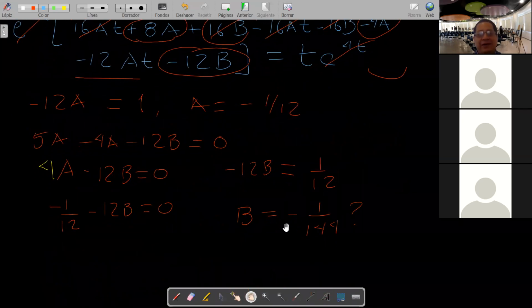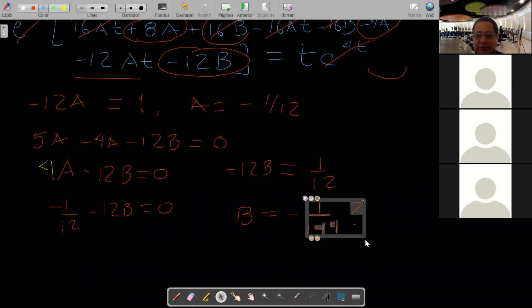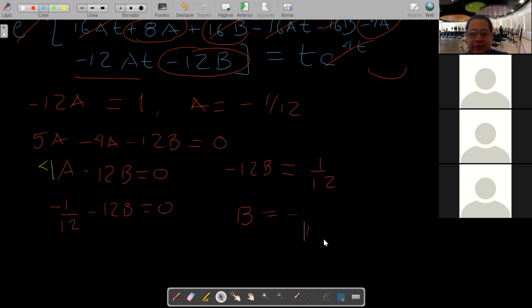So I'll write the value for B. It will be from this expression: we have 4 times 8, we have a 4 over here, right? And then a negative 12B equals 4 over 12, right?